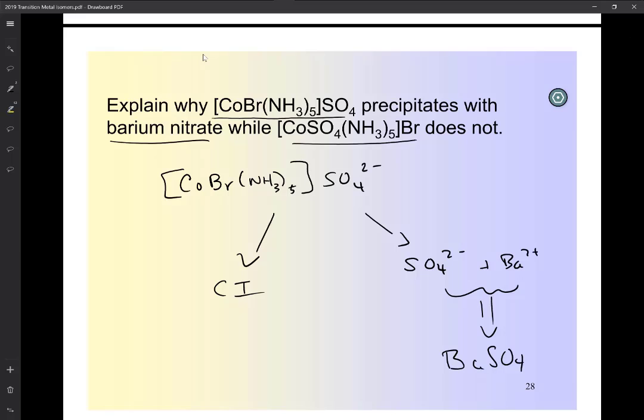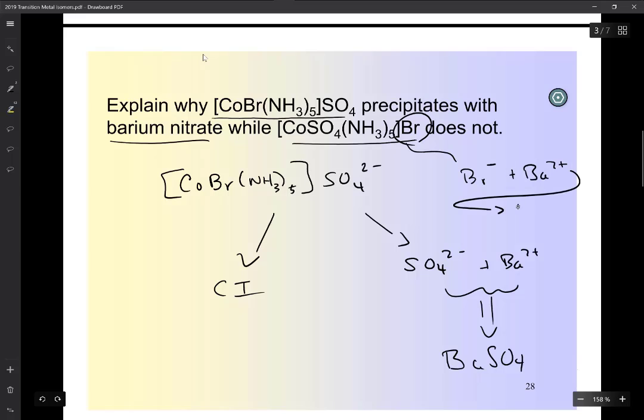Barium bromide is not insoluble, so when you put this compound in solution and you get bromide ion out of it, and then you react it with barium 2+, that's no reaction, so you get nothing coming out of it. So the explanation is that barium bromide is soluble while barium sulfate is not, and that's the distinction between these two compounds.